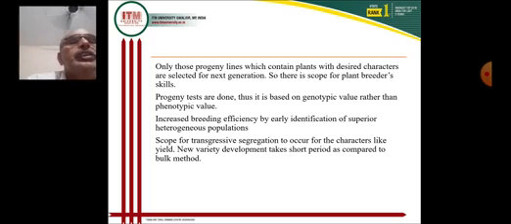Because progeny tests are carried out, so the plants are selected on the basis of their genotypic potential. Increased breeding efficiency by early identification of superior heterogeneous population. A scope for transgressive segregation to occur for the characters like yield. New variety development takes short period as compared to bulk method.